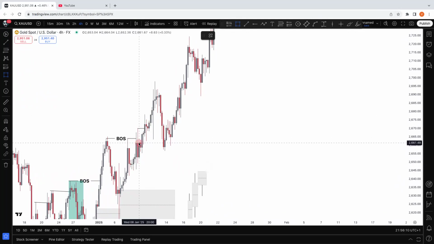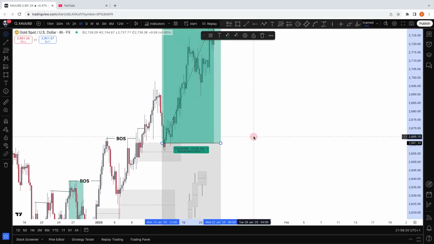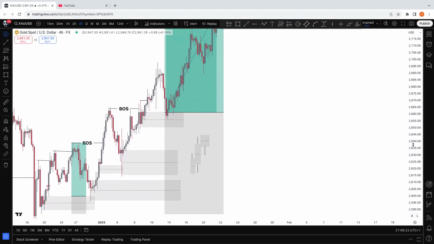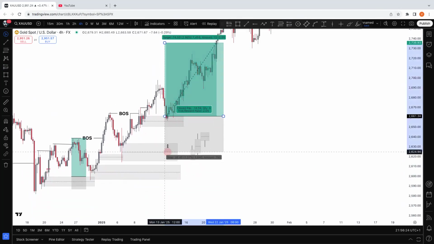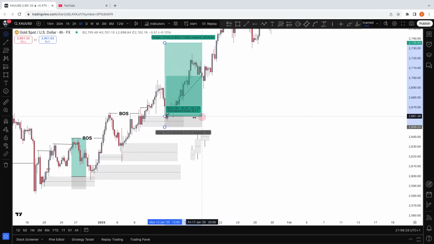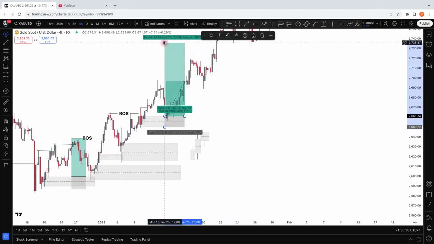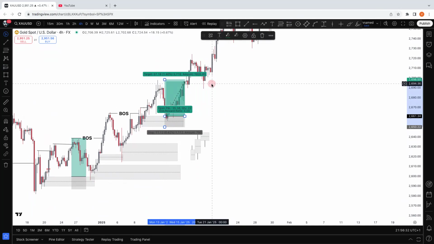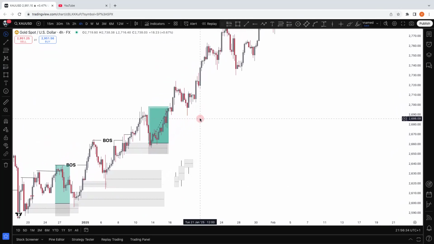And this makes this zone our new order block, which means we got our new trade from here. And so that's our second trade. And then we place our stop loss below this low here, and then we target this high here, right? So you see, we have our new trade.